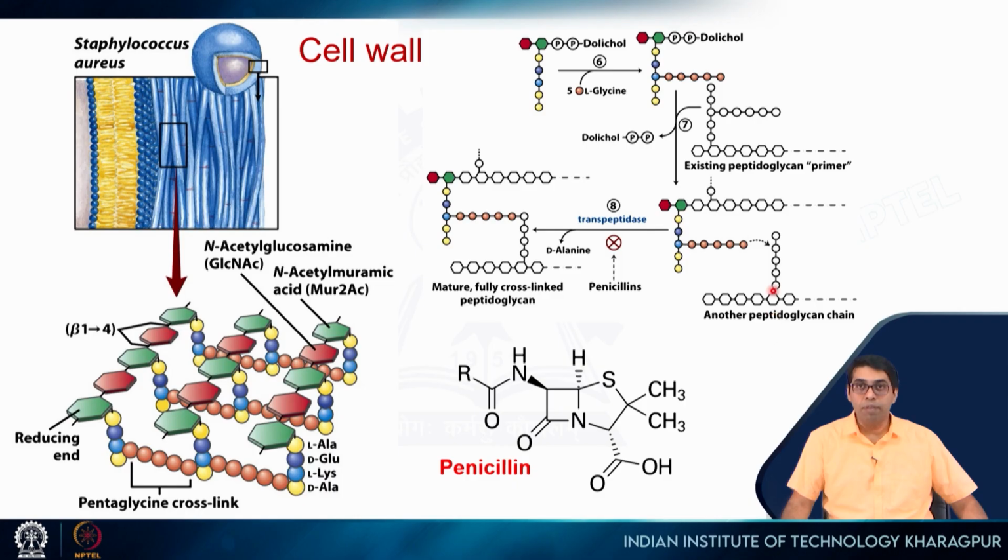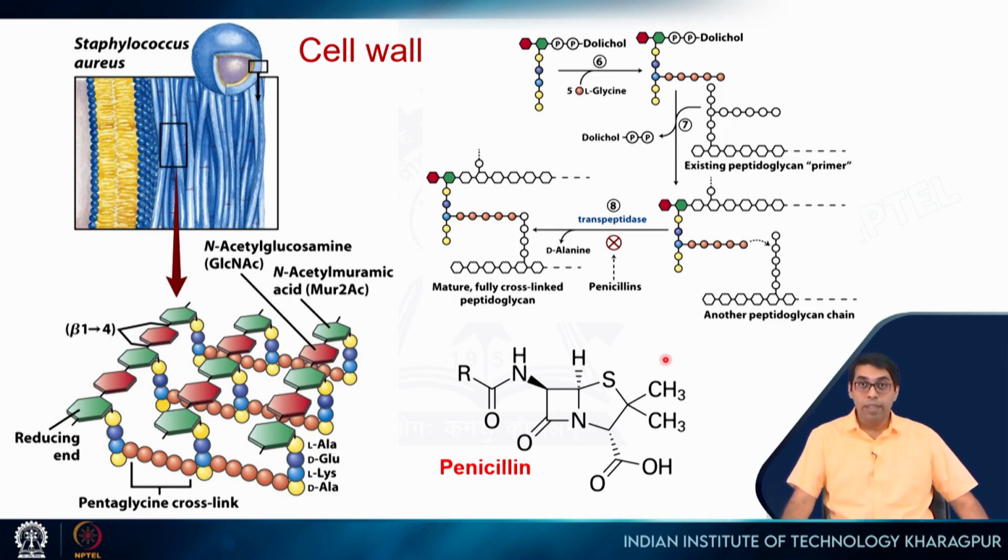This is another chain. In that, we have these 5 amino acids. The last two are D-alanine and D-alanine. There is an enzyme called transpeptidase, where this glycine will attack and the terminal D-alanine will go out, right, and you form this cross-link. So, this cross-linking is formed.